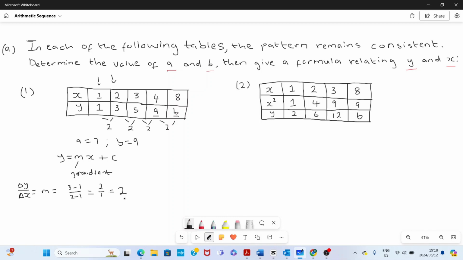This means that now our y will be equal to 2x plus c. So now we can take any other pair of coordinates in here and then substitute it in this equation to find our c, and then we have our formula that represents the relationship between x and y.